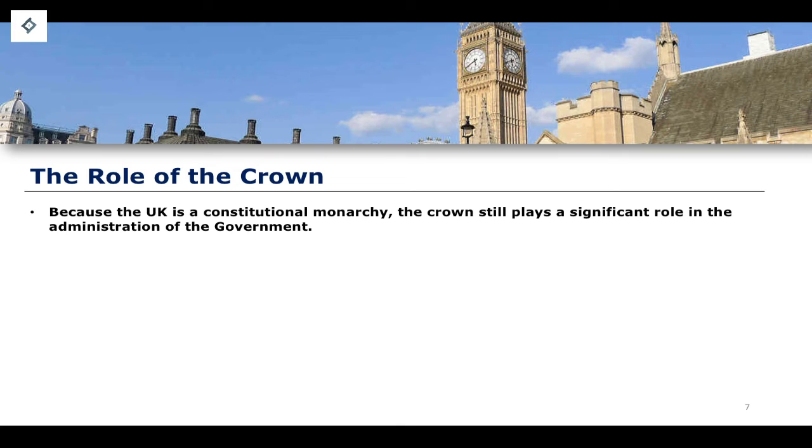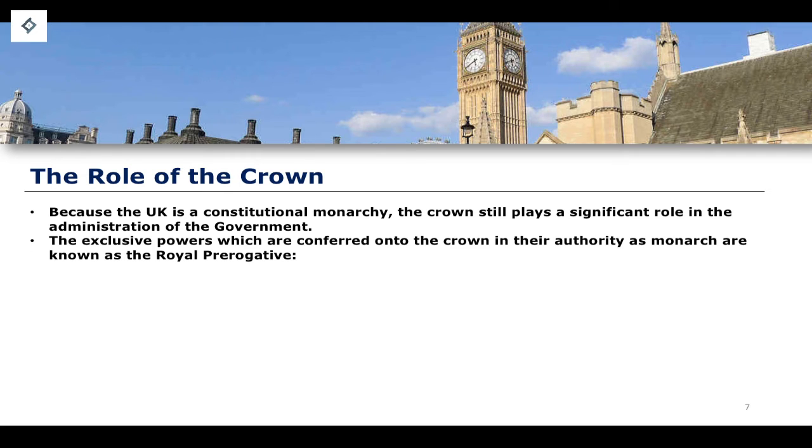What this means is we have monarchical authority, we have a monarchy which still plays a significant role in the administration of government, but that the monarchy is limited by the constitution, and this is of course owing to the historical relationship that the monarch has had with Parliament, as well as the tumultuous years under the Stuart dynasty, the restoration of the monarchy, the limited restoration of the monarchy with the Glorious Revolution of 1688. But regardless of all of this, the Crown still plays a significant role in the administration of government.